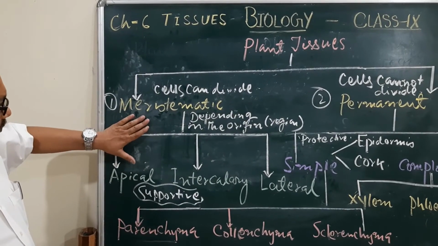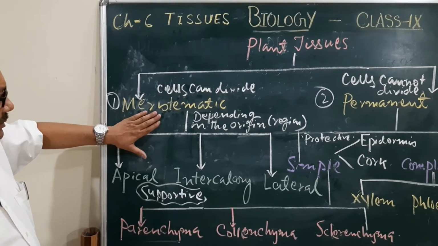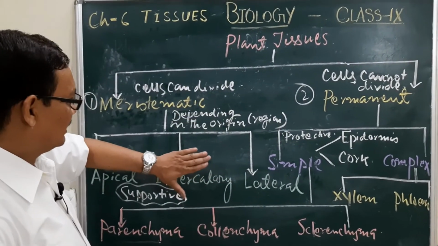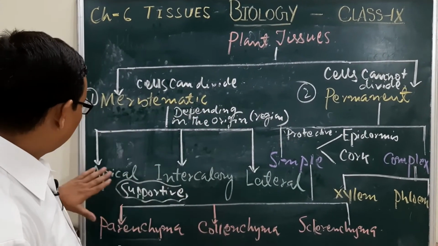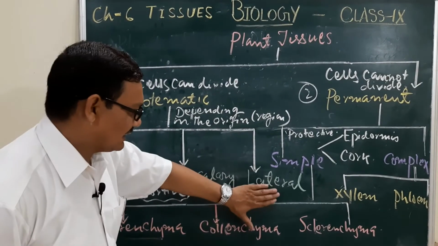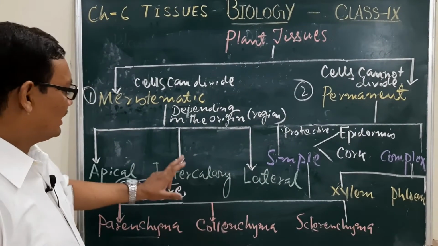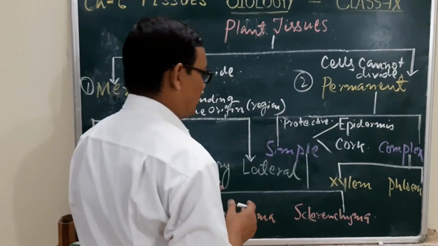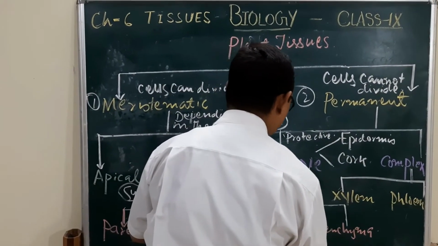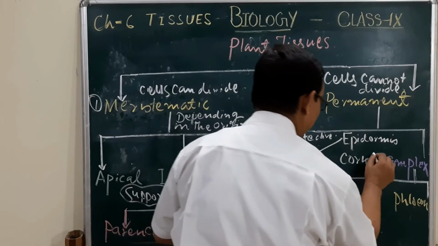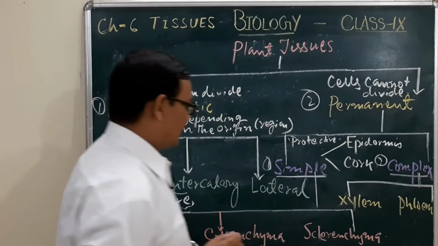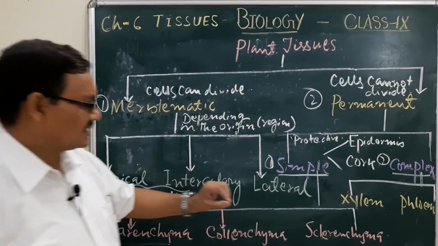So here the meristematic tissue is again classified into three different categories: apical, intercalary, lateral. And permanent tissue is mainly classified into two, number one simple and number two complex. Here the simple and complex also have some criteria.